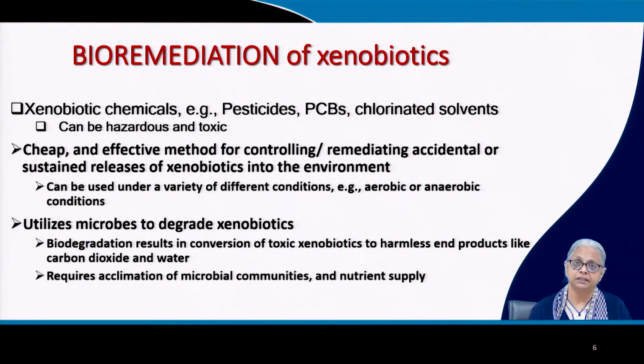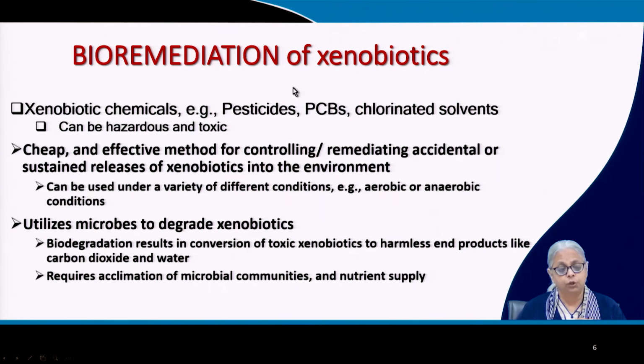And DDD and DDE are considered to be more toxic than the parent compound. The parent compound is toxic, but the intermediates are even more toxic. So these are some of the problems associated with leaving nature to itself. So remember, we are introducing something into nature that doesn't belong over there, and therefore it creates a bigger problem.